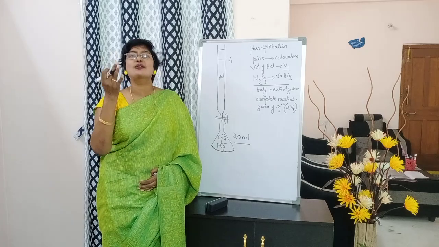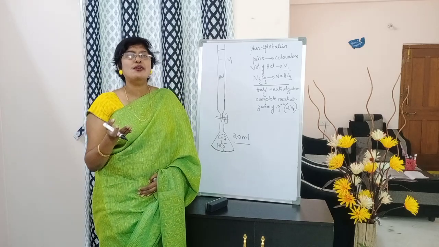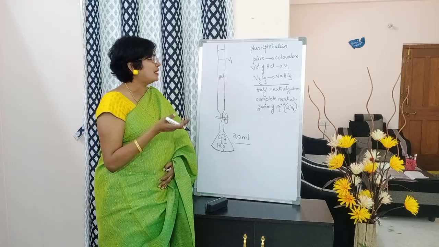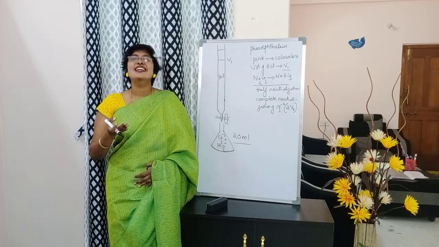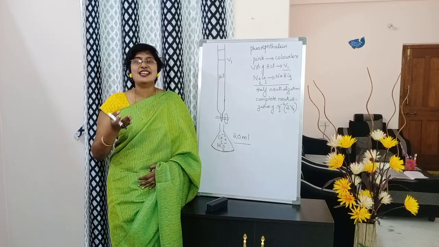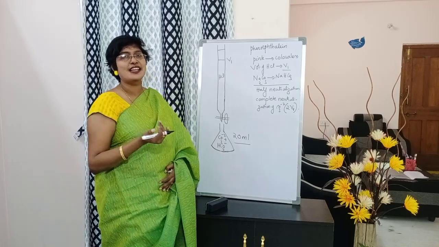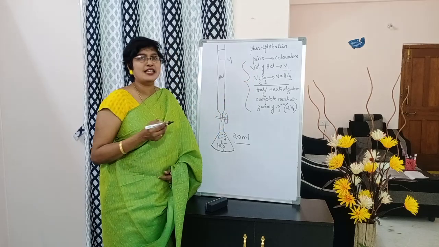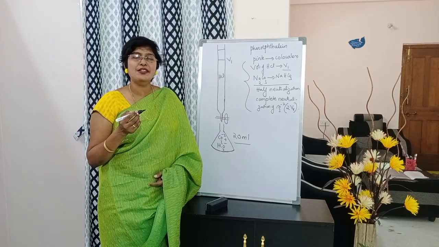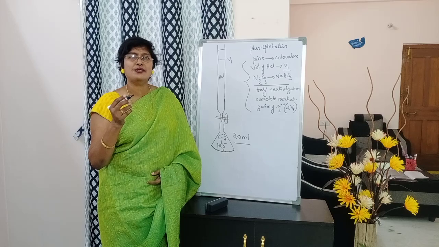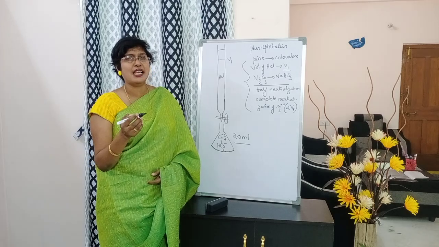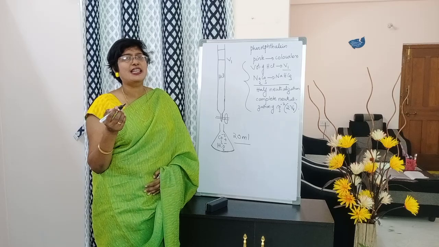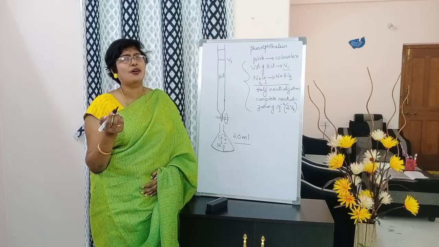Just use our brain. Double the amount of V1 is the volume of HCl required for the complete neutralization of CO3 2-, that is 2V1. Okay. So, is this understood, students? If the volume of HCl used for half neutralization of Na2CO3 to NaHCO3 is V1, complete neutralization of Na2CO3 is 2V1, double the value of V1.